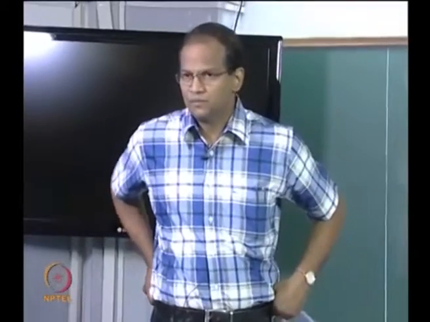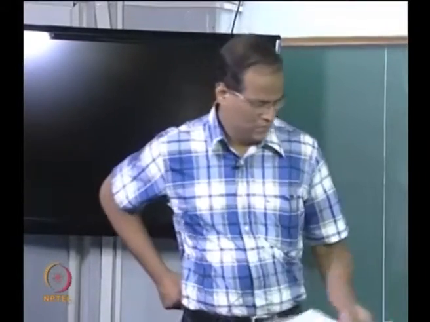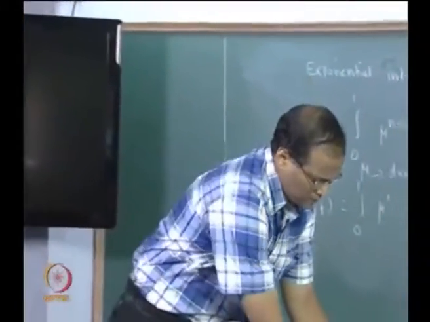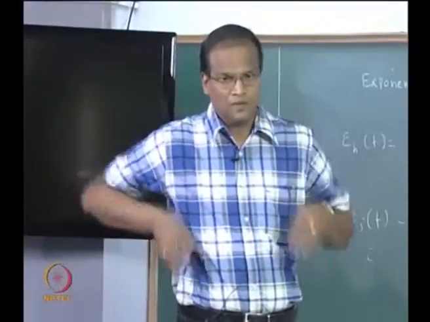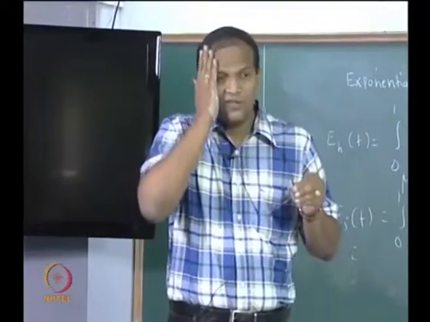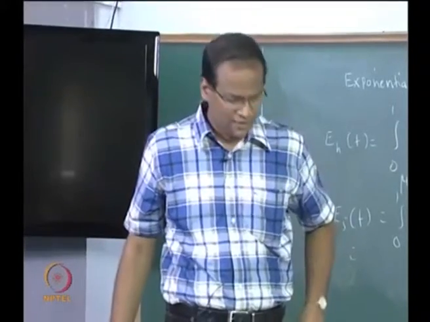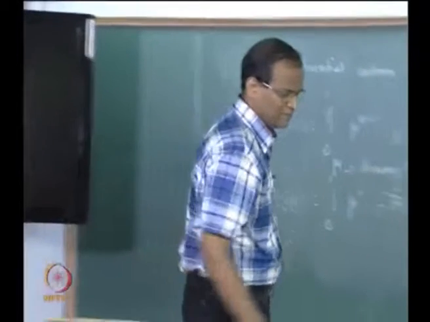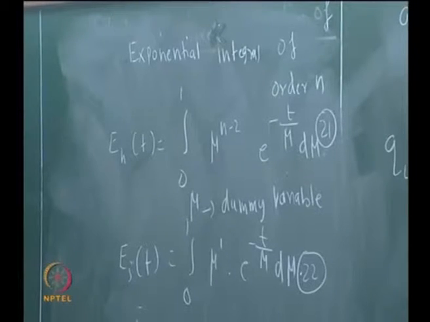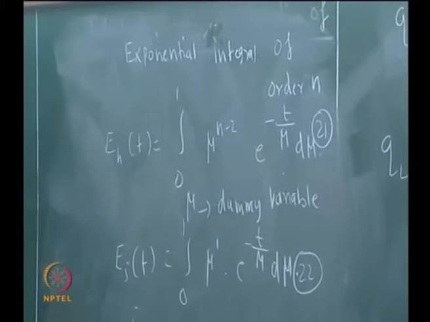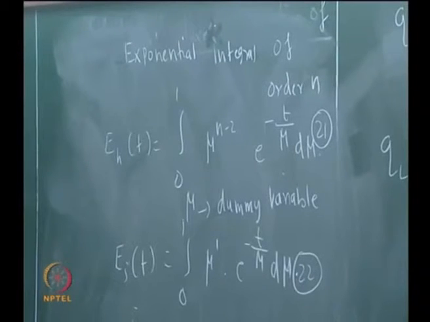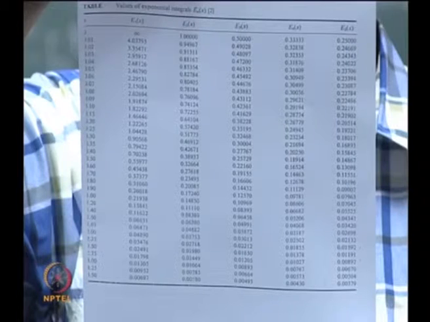The exponential integrals have been worked out and they are tabulated, and I am going to give you the table now. Please, the leftmost number has not come out well, it got cut in the photocopying, but it is alright.